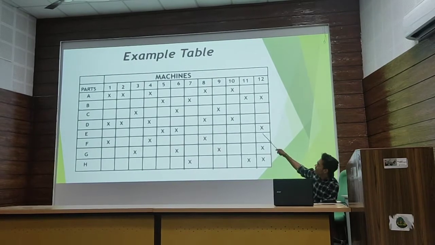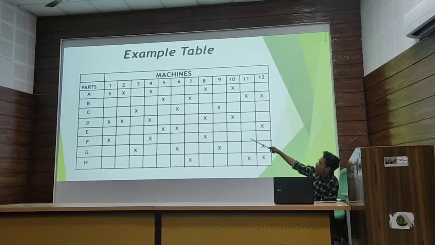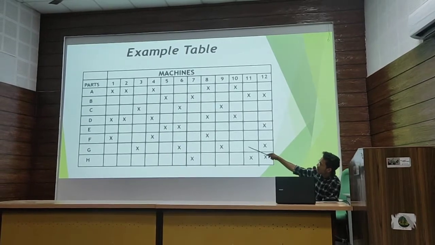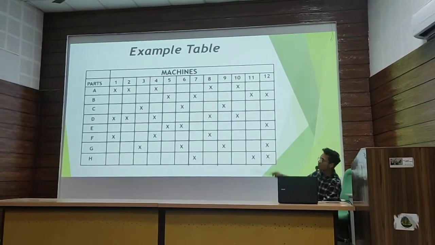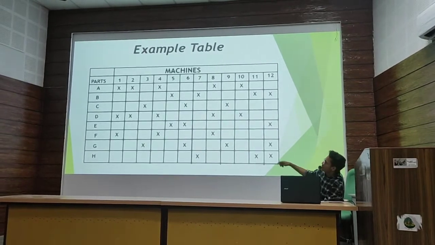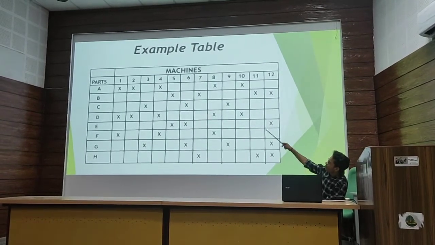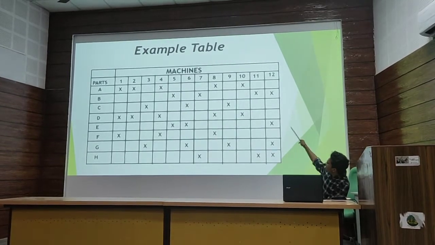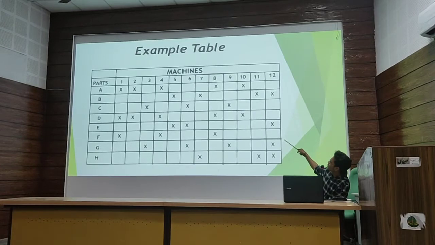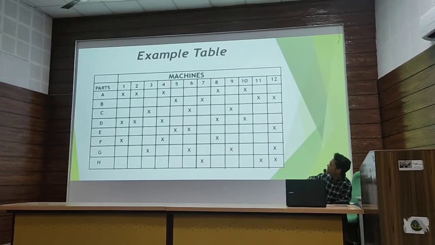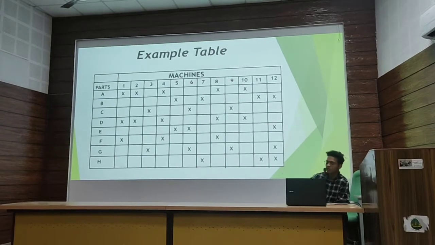As I told you, A, B, C go through different machines, and the same way D, E, F, G and H go through different machines and assemble at the end. If we take the example of D, first D goes to the first machine, then second, then fourth, then 8th, then 9th, then 10th, and then assembles at the end. Different parts go through different machines.